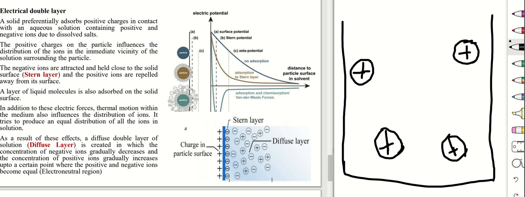Okay, now we are discussing a concept called the electrical double layer, which is a phenomenon that exists on the surface of the suspended particles.